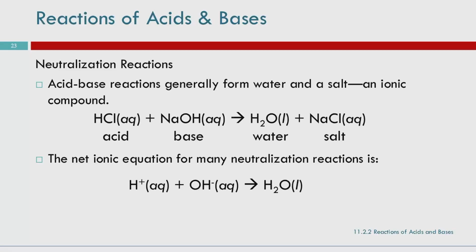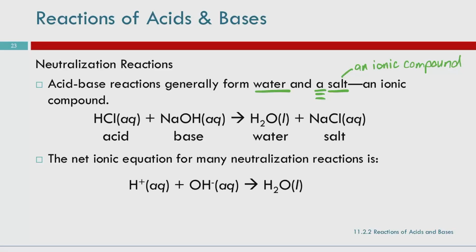Acid-base reactions generally form water and a salt. Sometimes it is what we call salt. Oftentimes it's just an ionic compound. This isn't always true. There are some cases where we don't form an ionic compound, but generally our acid-base reactions do this.